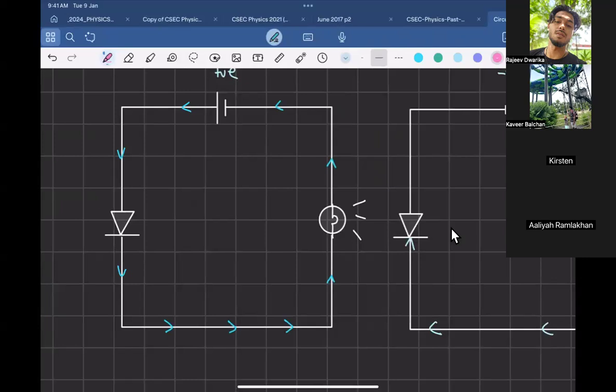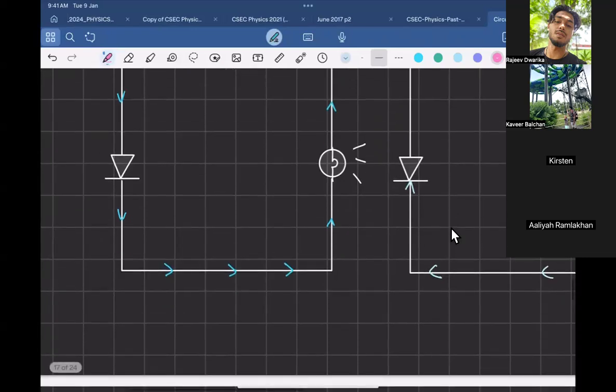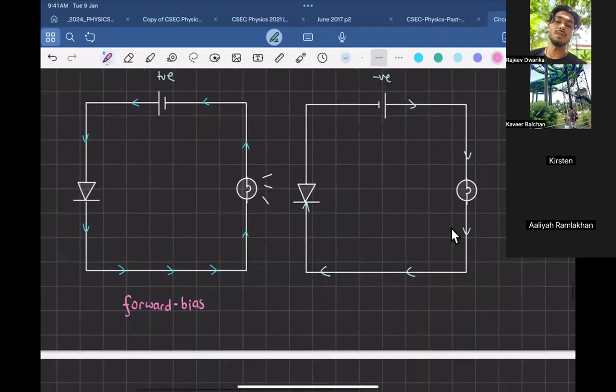Right, and I want you to take down some extra stuff. You don't need to know this one, but write it down anyways. Whenever a diode is hooked up in a way that it allows current to flow through, we say that it is in forward bias. And anytime a diode is in a position where it blocks current, we say it is in reverse bias.